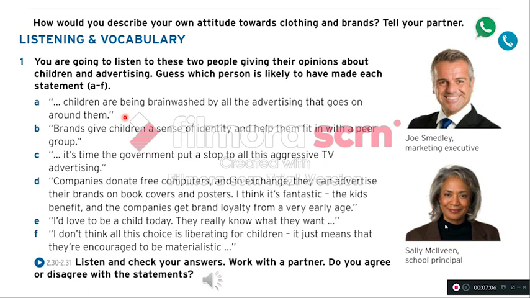It's terrible to think that the schools end up promoting a product that's not even good for the children. What I think is really sad is that children are being forced to be consumers from such an early age. I don't think all this choice is liberating for children. It just means that they're encouraged to be materialistic instead of focusing on more important basic values, such as kindness and respect for others.